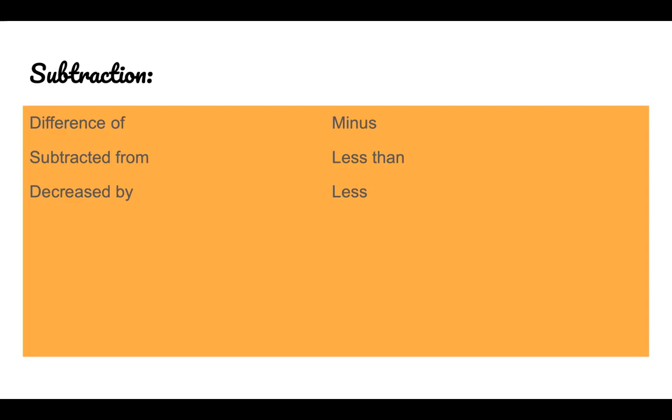Sorry, I have a lisp. Let's do something else: 20 more pens than pencils, 20 less pens than pencils. So 20 less pens than pencils would mean that you're going to subtract something from each other.